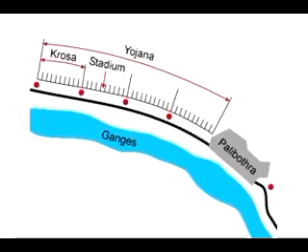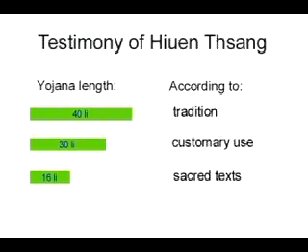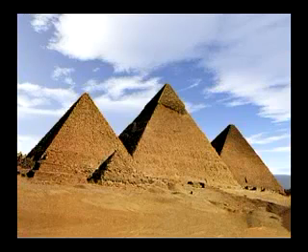The historical evidence for the size of the yojana involves Greek and Chinese reports on distance measurements in India. It ties in with extensive evidence for the existence of scientifically defined measures in ancient Egypt and the Near East.